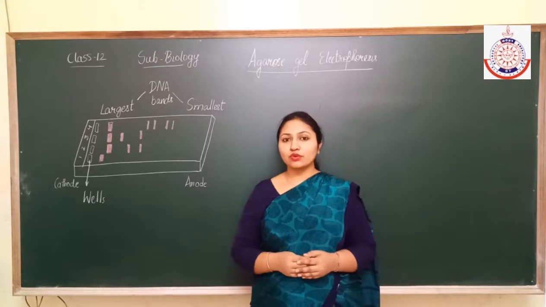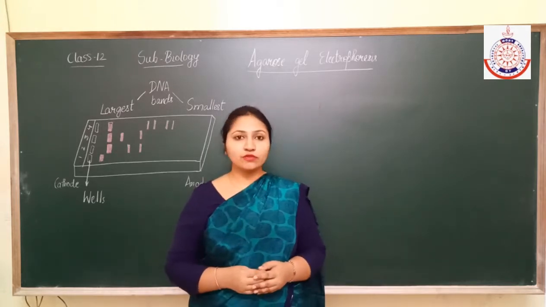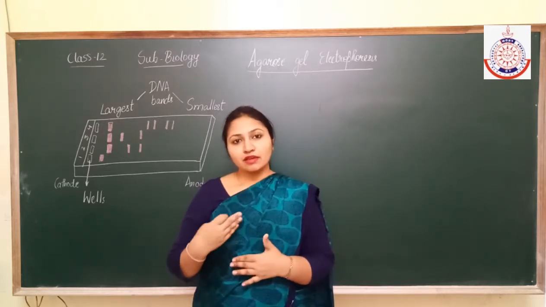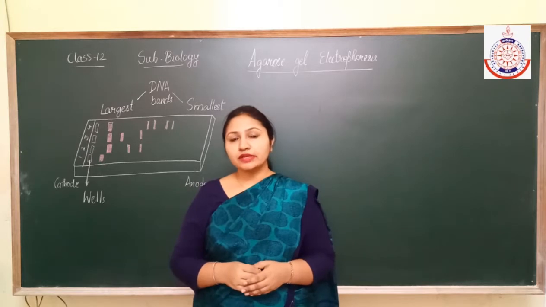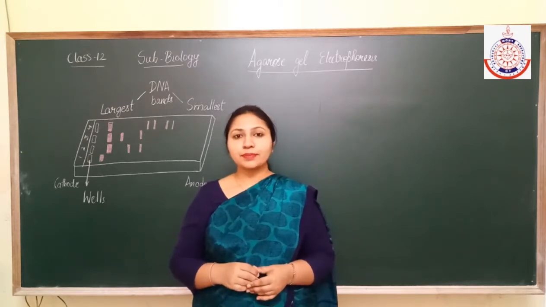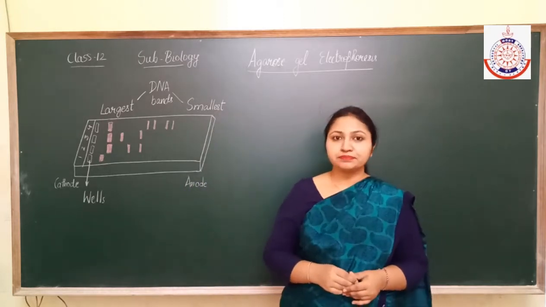And what is agarose gel? Agarose gel is extracted from seaweeds and prepared by mixing with distilled water, and then it is settled down on a plate for the separation of the DNA fragments. So let's discuss in detail.